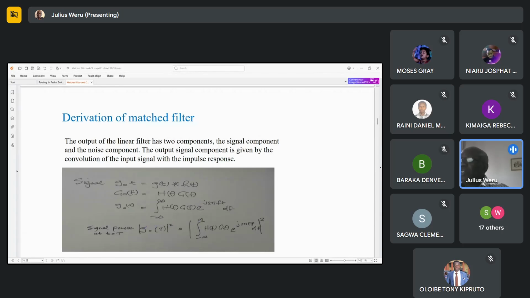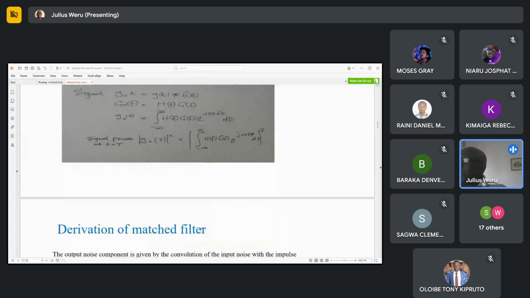The signal power will simply be the magnitude of this squared, the modulus of this squared. That will be the signal power at t equal to t0, that is, at the sampling moment. Note that equation. I had not named the equations.